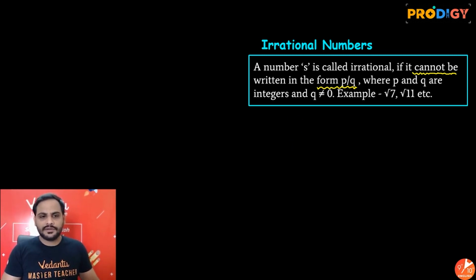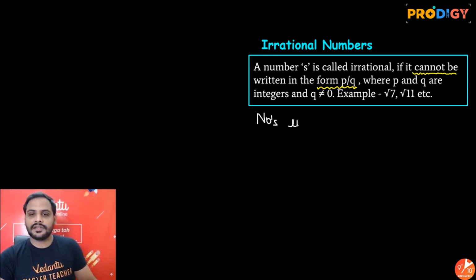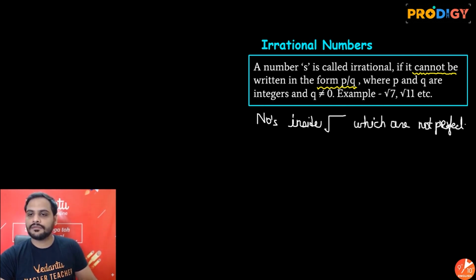For starting, you can understand that those numbers inside the square root which are not a perfect square are irrational numbers. Because, suppose I say root 4, root 4 will be equal to 2, so it is a rational number.